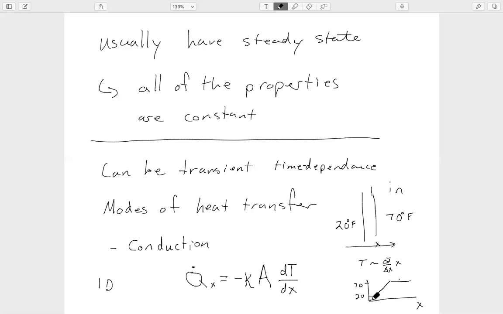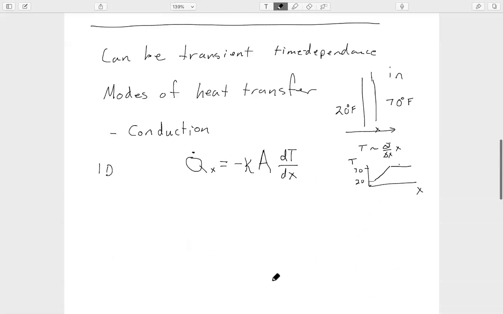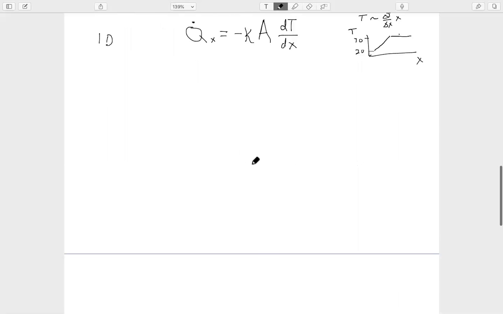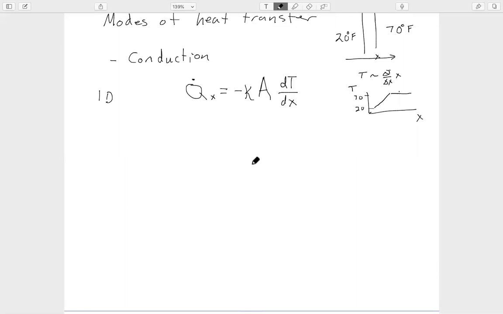So this would be a situation where you have a linearly increasing temperature in the middle, and you get a slope here, which is just the slope of this curve of temperature versus position, and there would be some coefficient. Kappa is called the thermal conductivity.